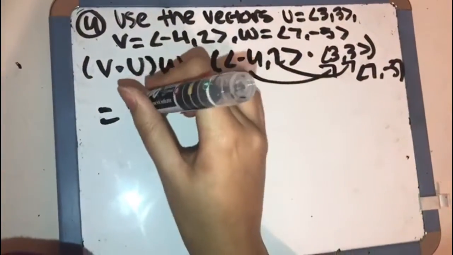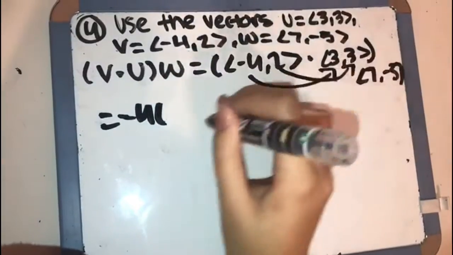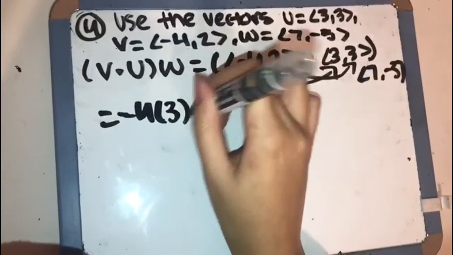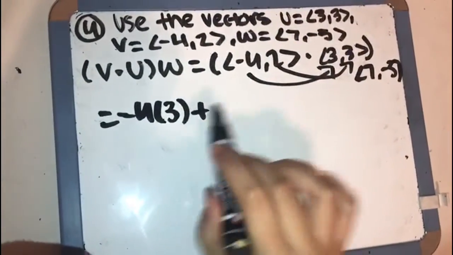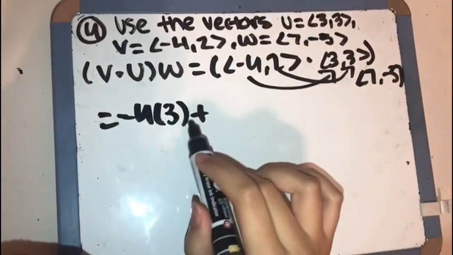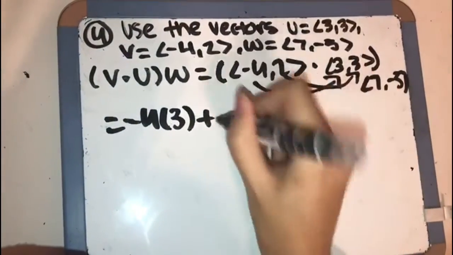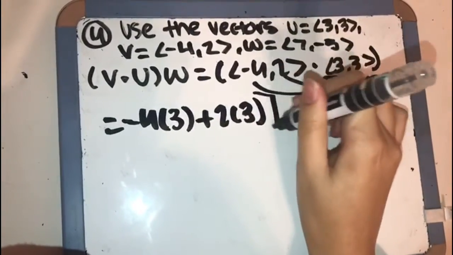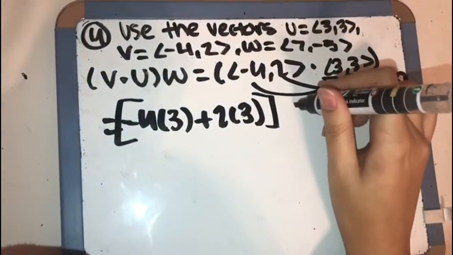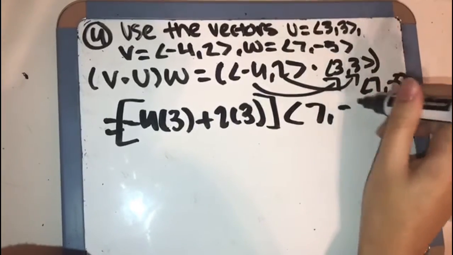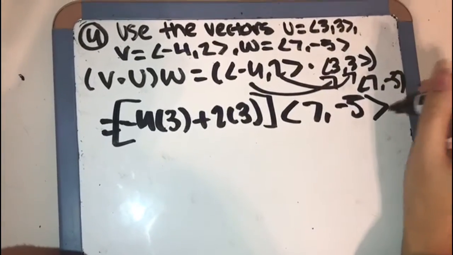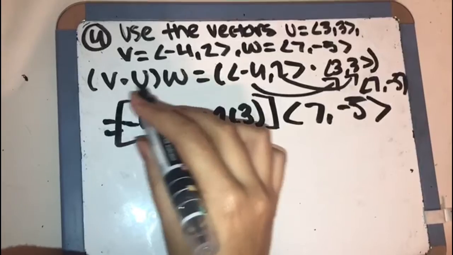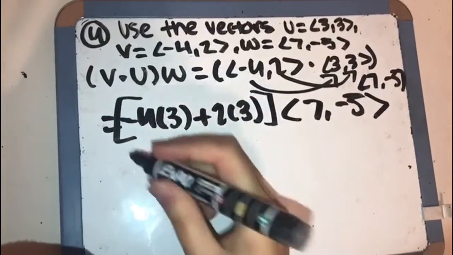So -4 times 3 plus, now remember, when it's a multiplication sign, it's always adding afterwards, okay? So 2 and 3. And then we're just going to use brackets right here, and then do the multiplication of 7 and -5, the odd one. Remember, this is w, okay? v times u equals w, okay?